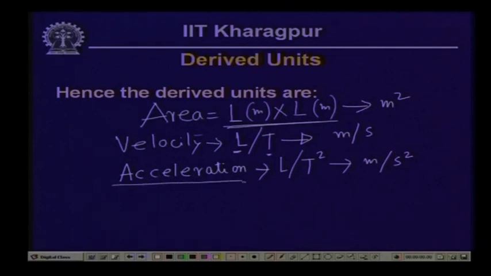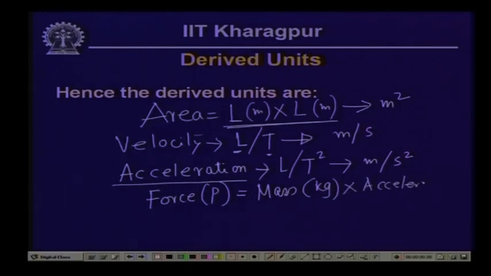Now, once you know the acceleration, then the force term P is equal to mass, whose basic unit is kg, times acceleration, and as we have seen, the unit for acceleration is meter per second square.